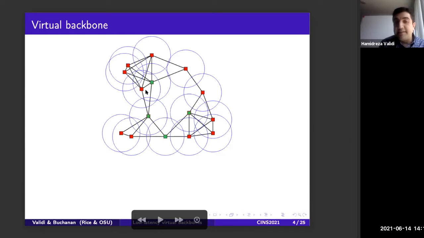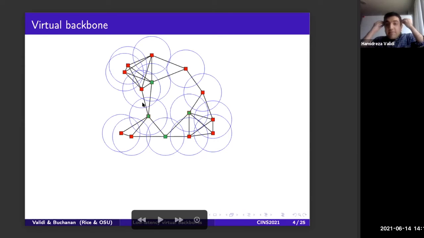You can see that the disks around them intersect, so you can add an edge between them, and it means that you can send a message from a sensor to another one directly. But if the disks do not intersect, then we cannot send a message. For example, for this green one and this red one, the disks around them do not intersect. So if you want to send a message from this green node to this red node, then you need to use some relays in between, as intermediate nodes or sensors, to send the message.